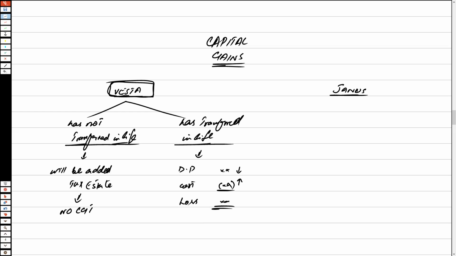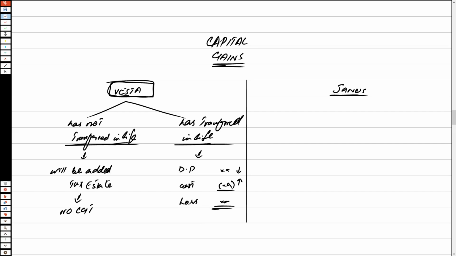Is this clear? The capital gain tax implications for the first person are clear. Vesta is indifferent if she transfers the asset in life or at time of death. It has no capital gain tax implications at all.